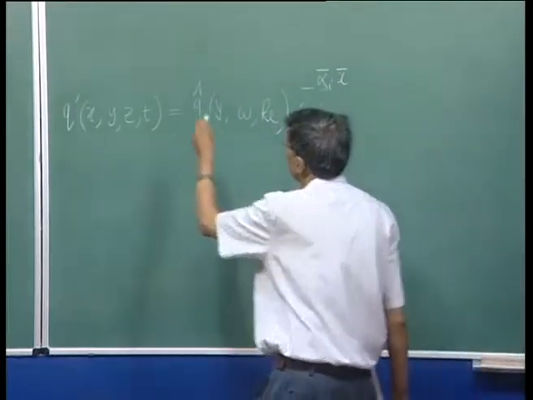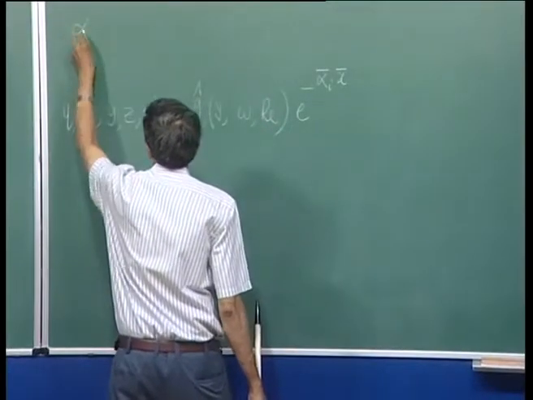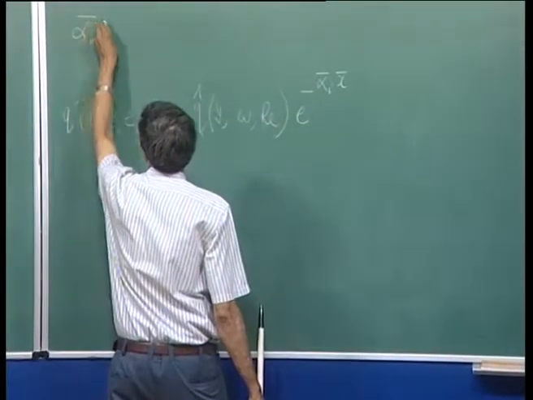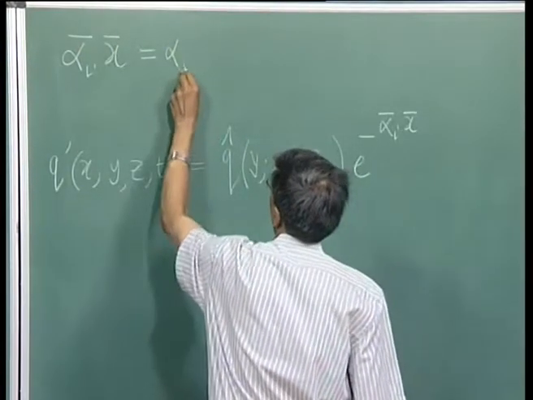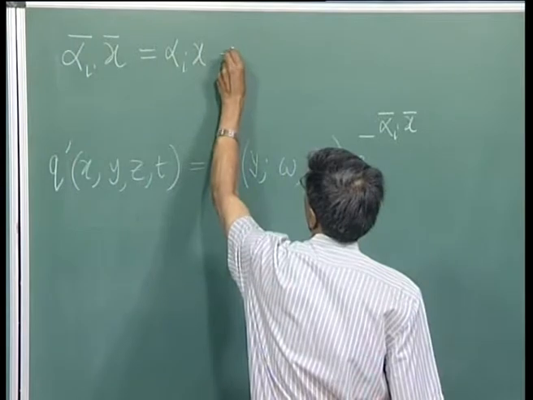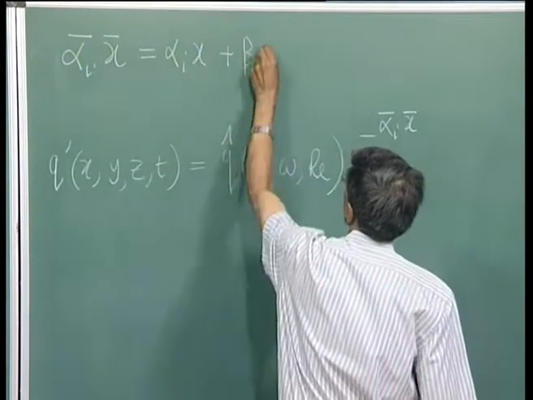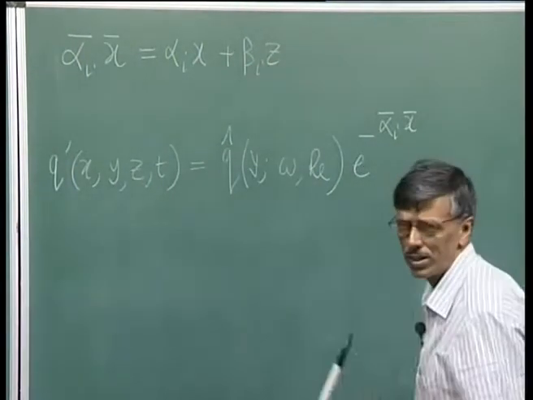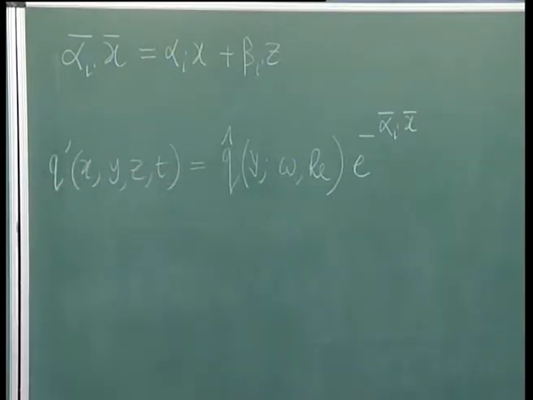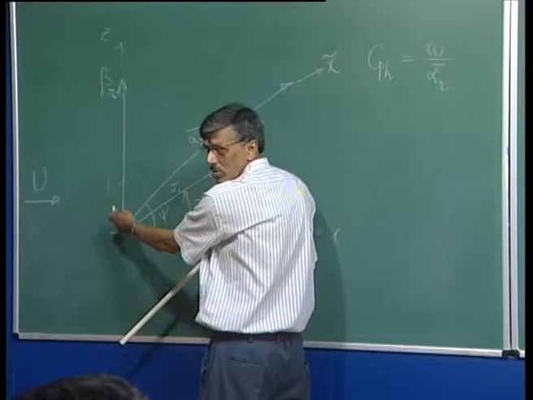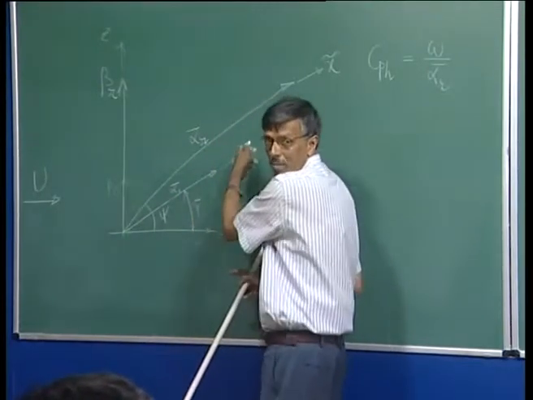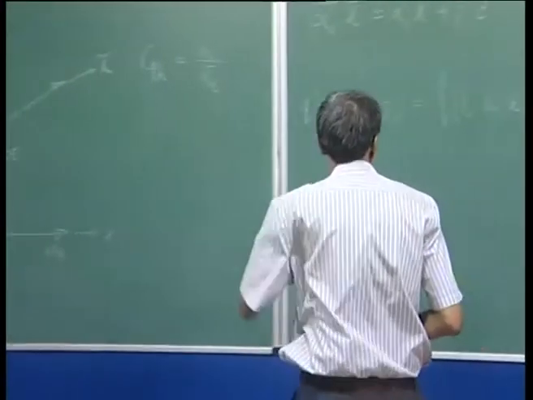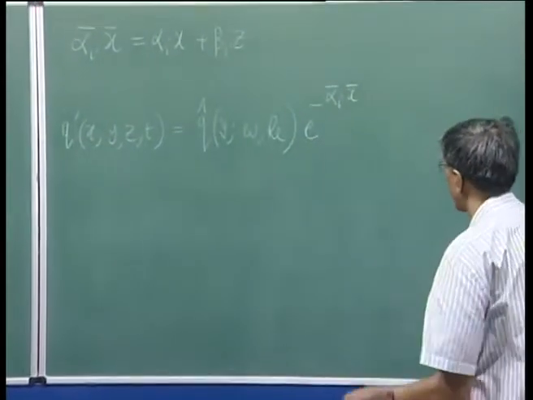Basically what we are writing is this: alpha I bar x bar is equal to alpha I x plus beta I z. That is what it is, you can see. So, alpha I x plus beta I z, the resultant is alpha I bar x bar. So, that is what we have written there. So, this is this part.